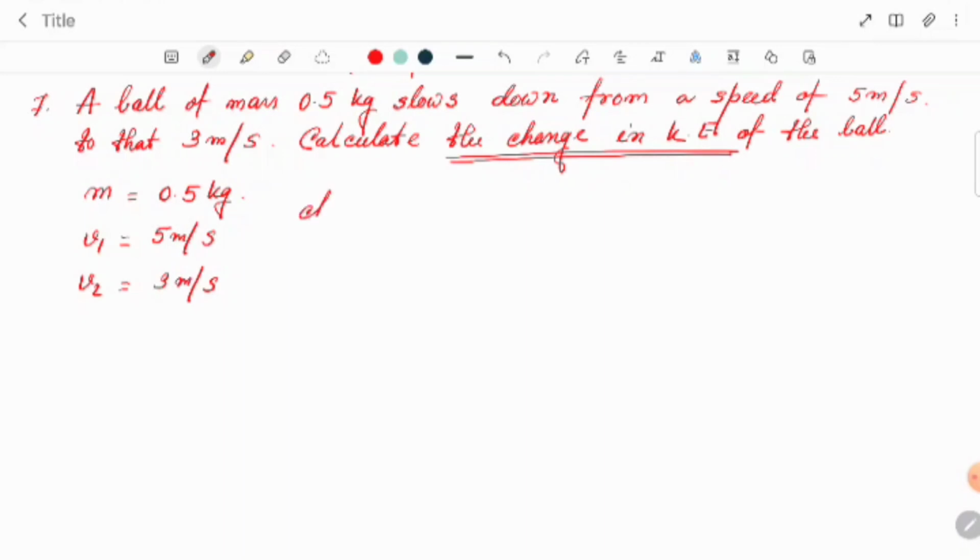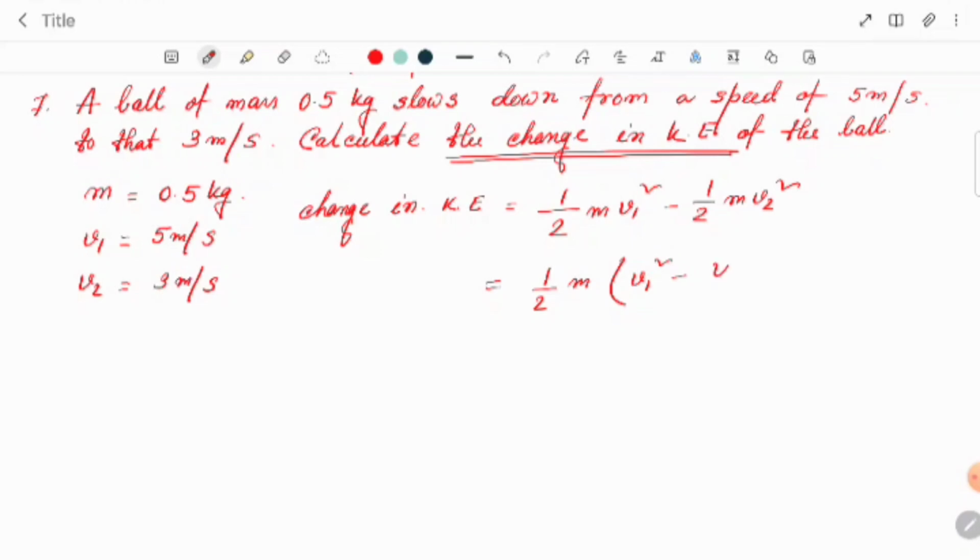So we can say that the change in kinetic energy equal to half m v1 square minus half m v2 square. So half m we can take common, v1 square minus v2 square. Mass value already given, put it 0.5. V1 is given 5 meter, so it should be 5 square minus 3 square.